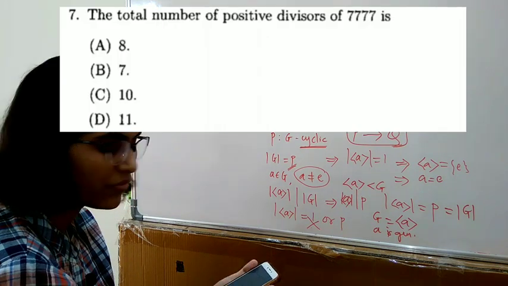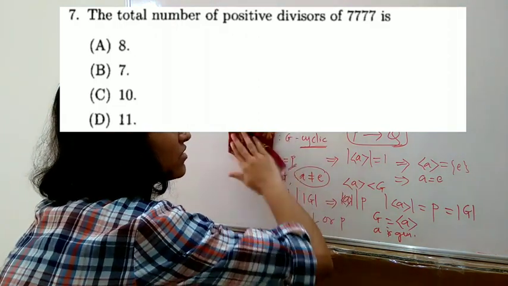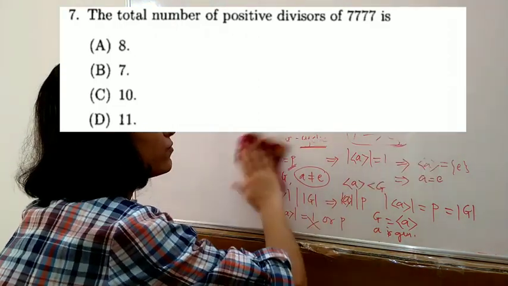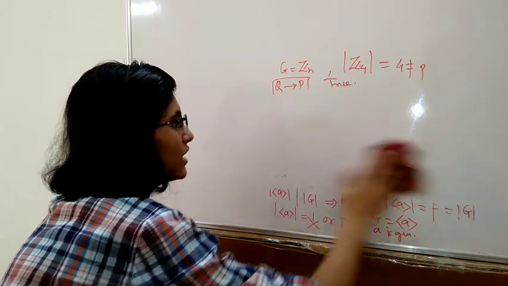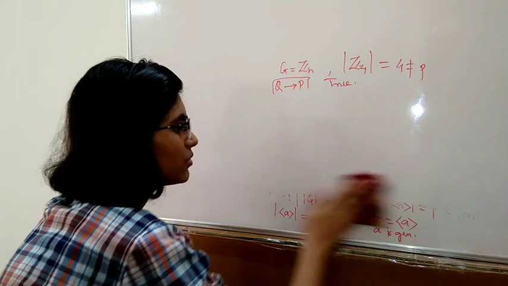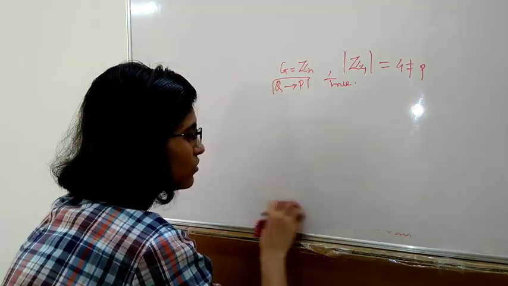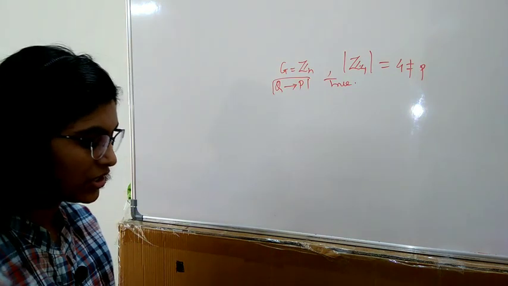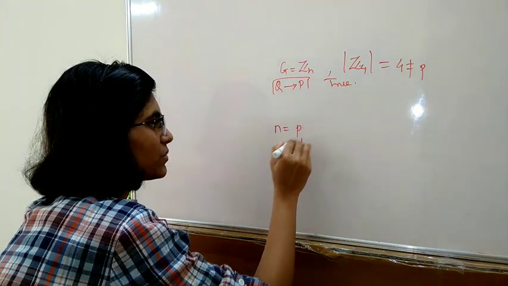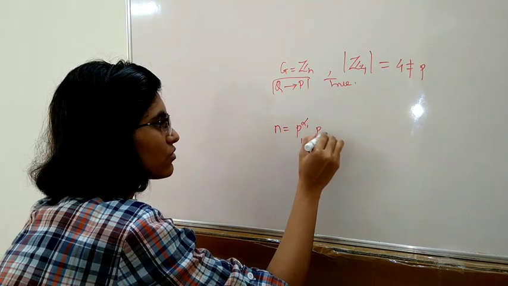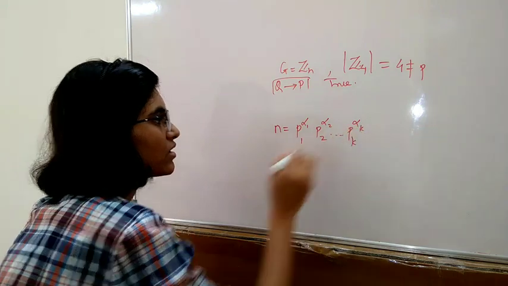The total number of divisors of the number 7777. Whenever we want to find the divisors of some number, the first thing is that we must take the prime factorization of the given number. Suppose we have any number n, then take its prime factorization to be p1 raised to alpha 1, p2 raised to alpha 2, and so on, pk raised to alpha k.